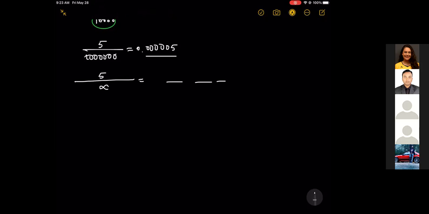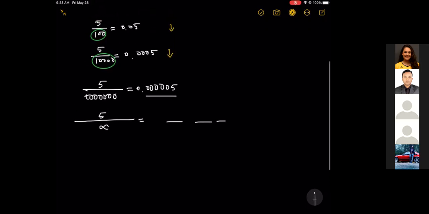You can actually say that, hey, there is no real value. It's actually a 0. That means as your denominator gets bigger and bigger and approaches a very big number, your value actually approaches 0. Do you agree?